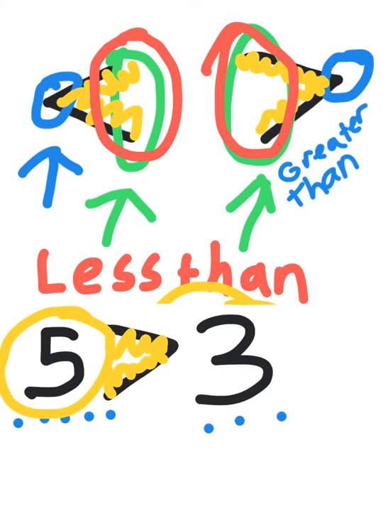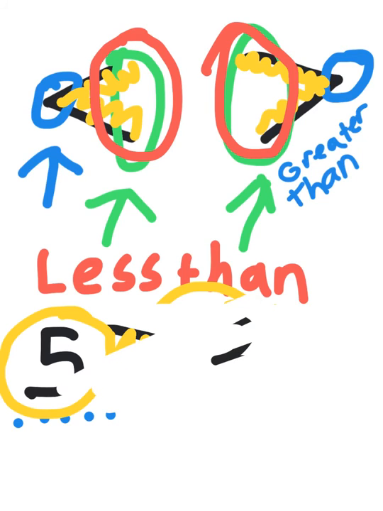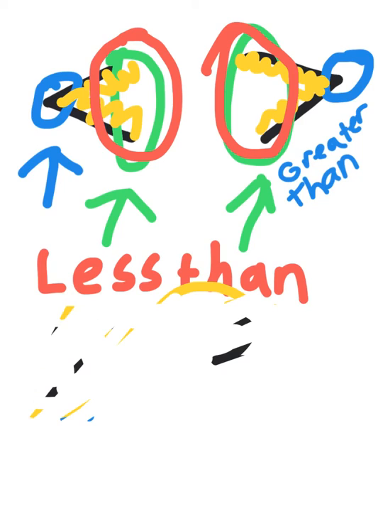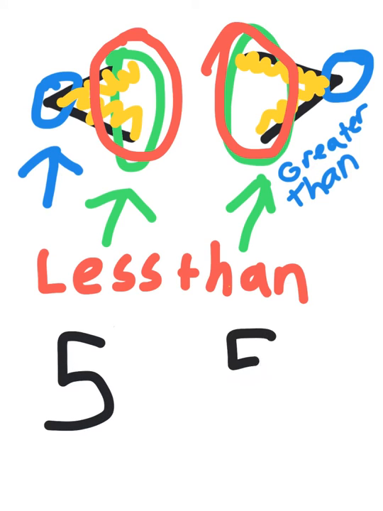Another thing that I want to touch on real quick before I wrap this up is sometimes the numbers will be the exact same. If we had the number 5 and the number 5, so we have 1, 2, 3, 4, 5, and 1, 2, 3, 4, 5.